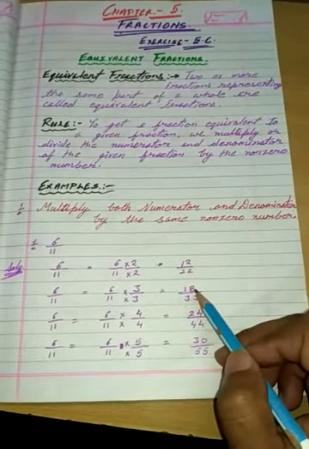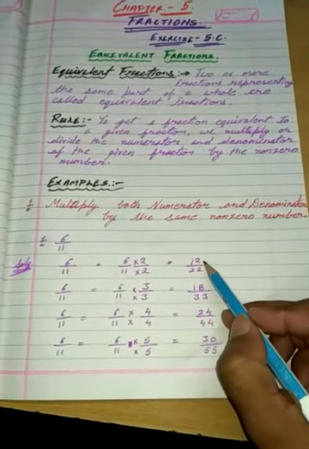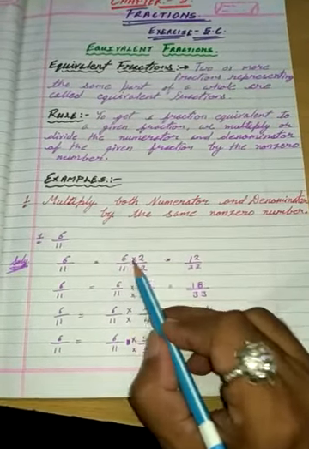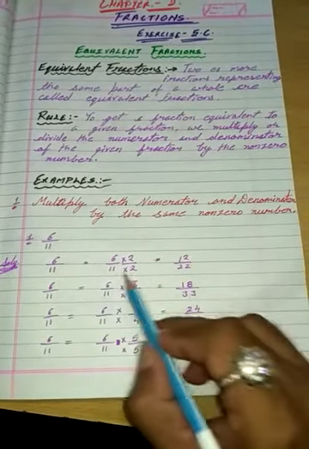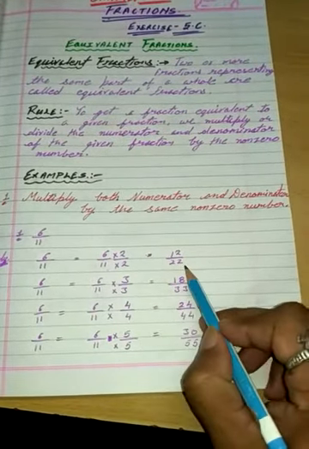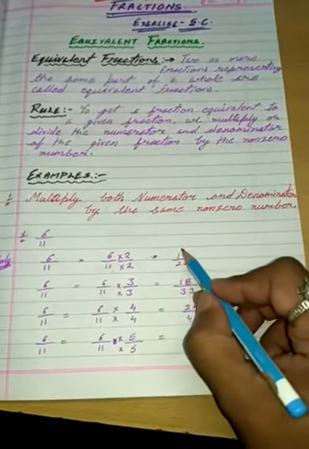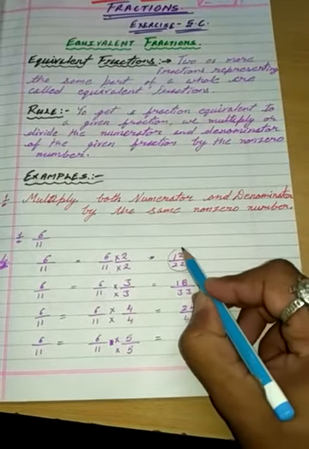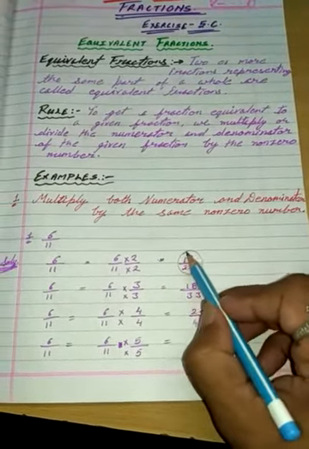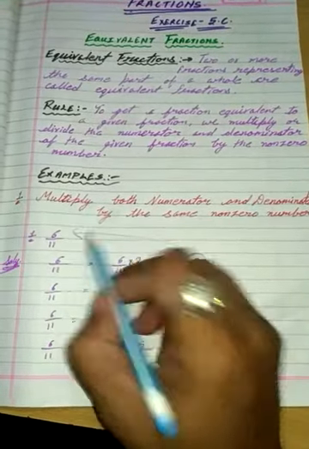Then we get 6 multiplied by 2 is 12, 11 multiplied by 2 is 22. Now this is an equivalent fraction for this.